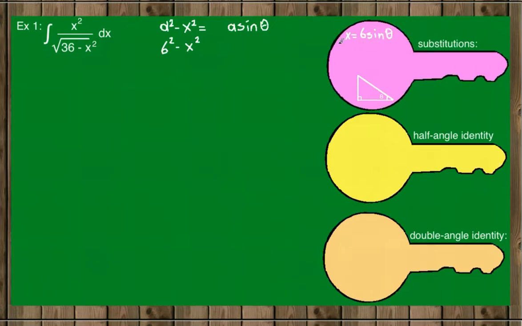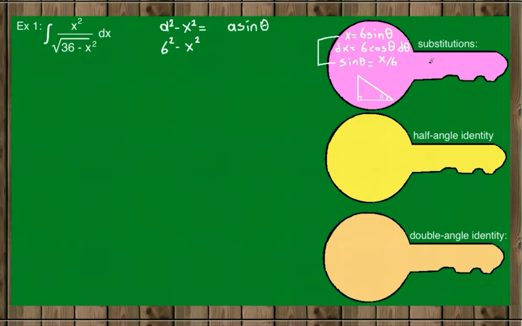So what is dx? The dx is the derivative of 6 sine theta, which is 6 cosine theta d theta. And here my recommendation is to solve for theta and draw the right triangle. So here our x is 6 sine theta. So sine theta equals, divide both sides by 6, x over 6.